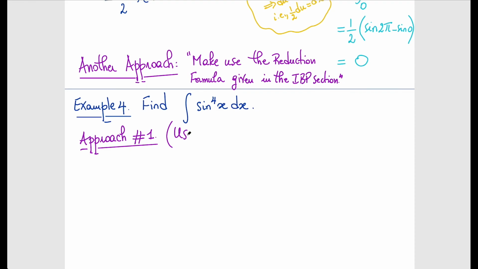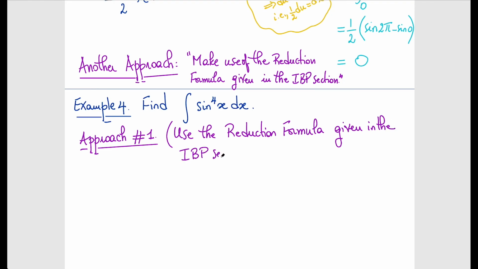So here I meant you make use of the reduction formula, again, given in the integration by parts section. And what do I mean by this? I mean the following. You can express the integral of sine to the power 4 of x in terms of the integral of sine squared x, right?